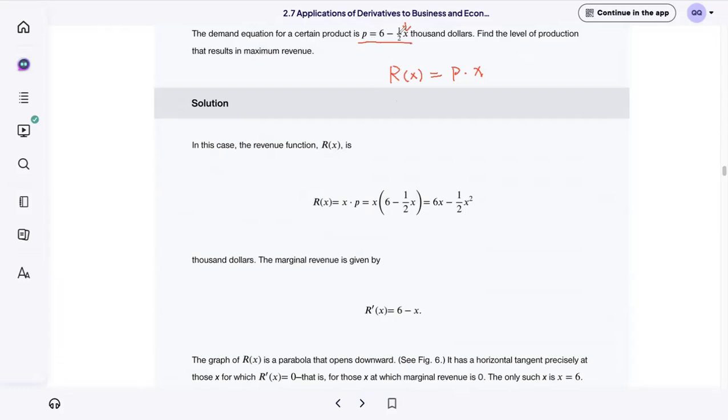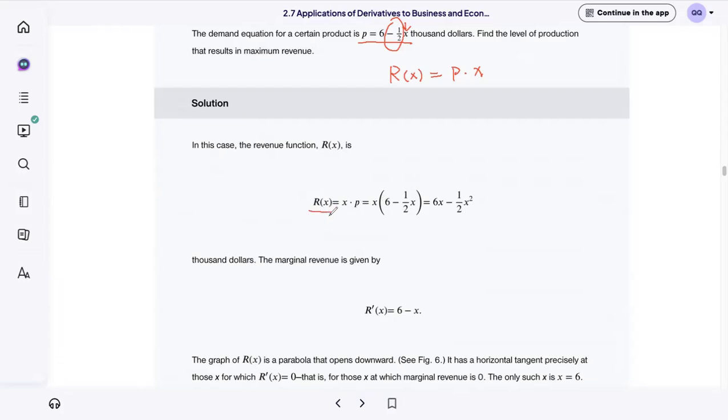We can see from here, the slope is negative, which means, hold on a second, is X price or quantity? X should be quantity, right? Which means as we increase the quantity, the price should come down. The lower the price is, the bigger the quantity is. So P and X have a negative relationship. The slope is negative half.